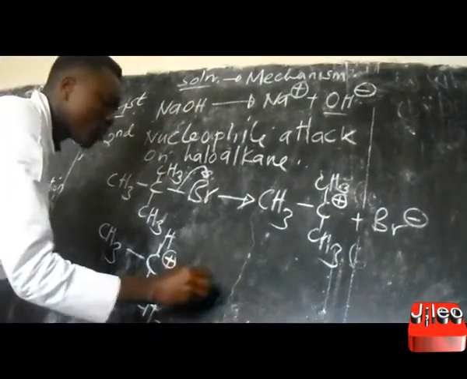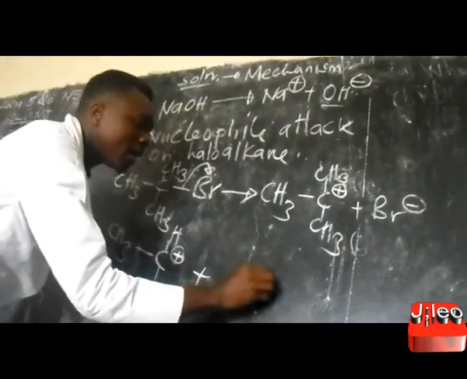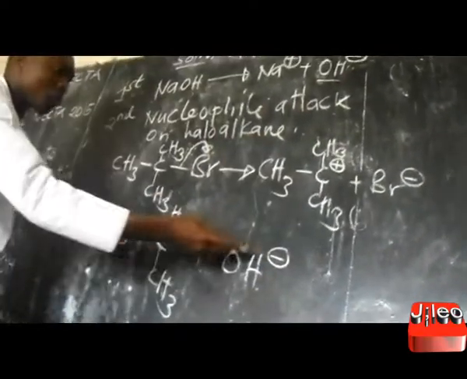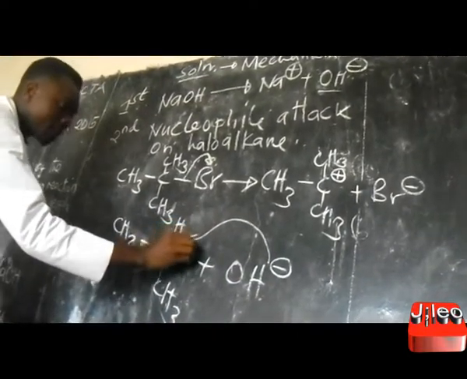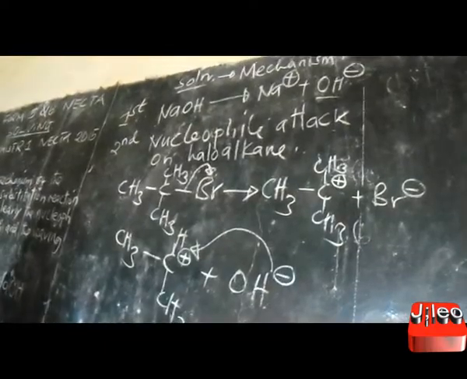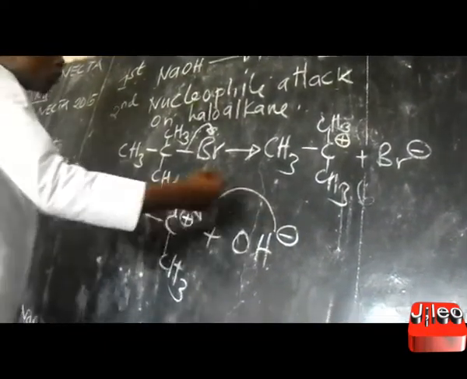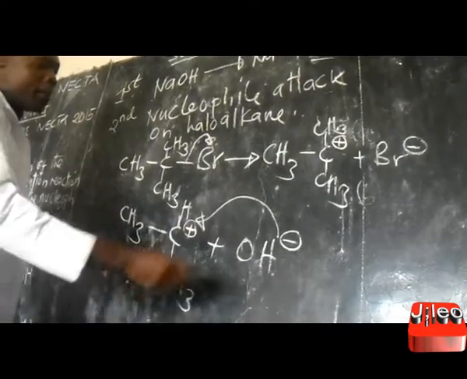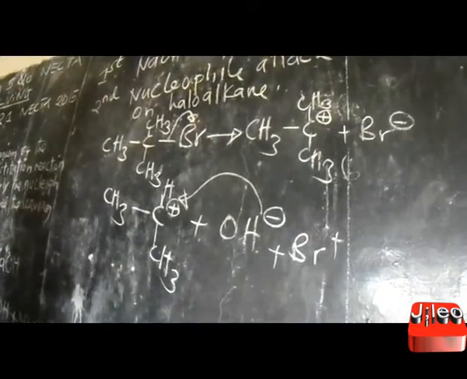So the carbocation plus the OH, which is a nucleophile, comes here to form a bond again. But remember that when this comes into this position, it forms another bond, and the bromine has already left from the carbocation.